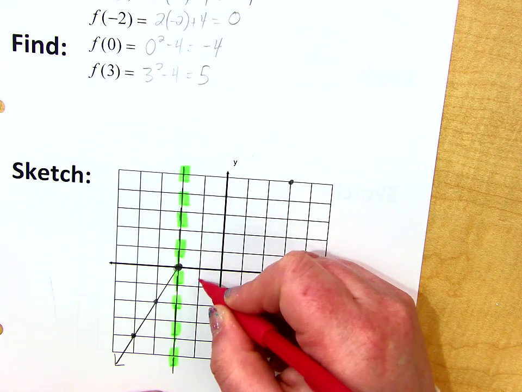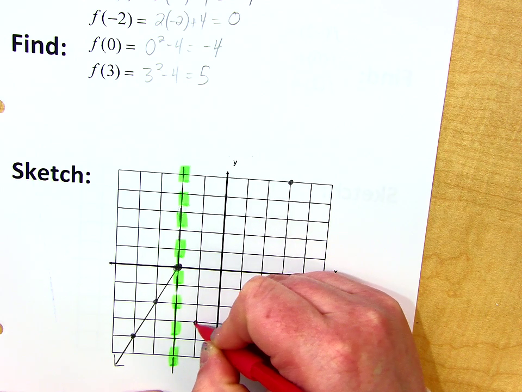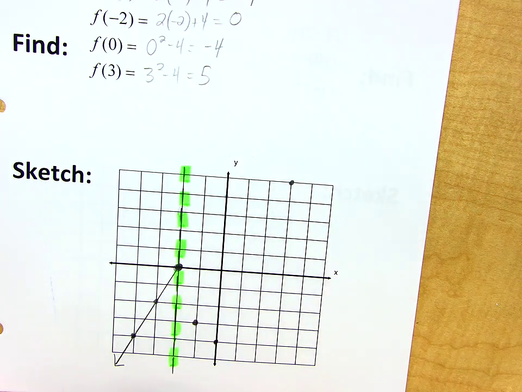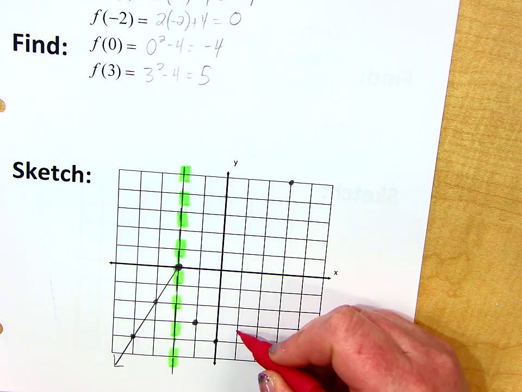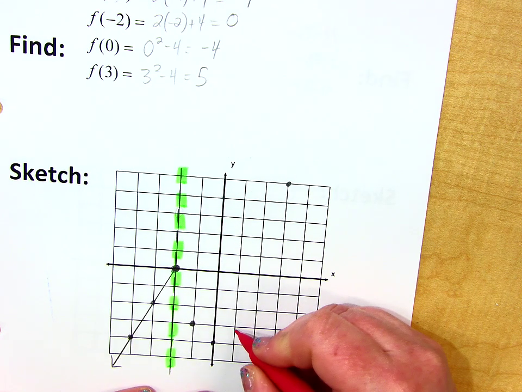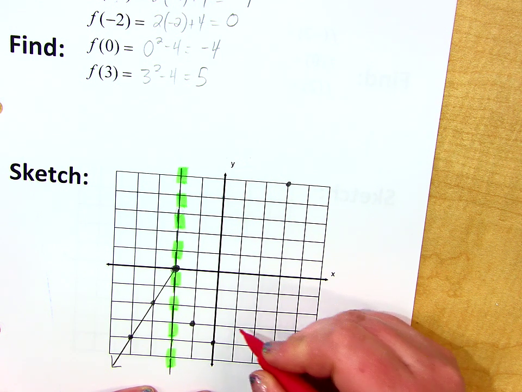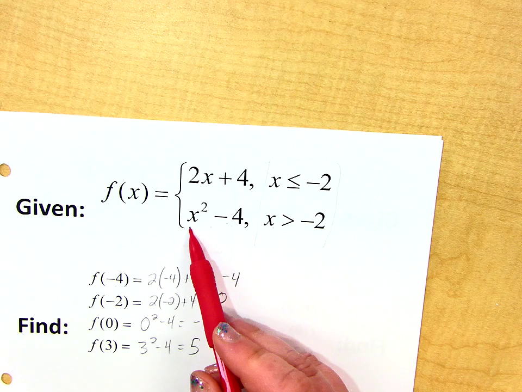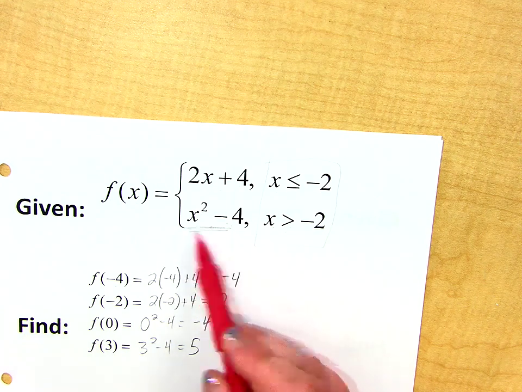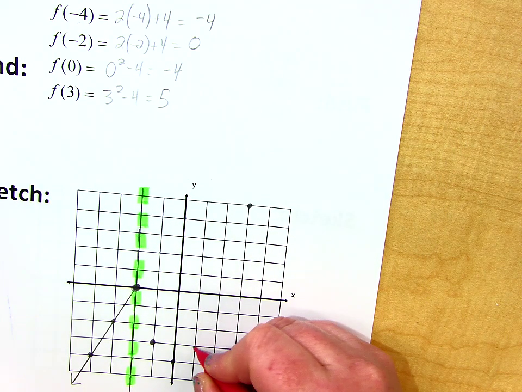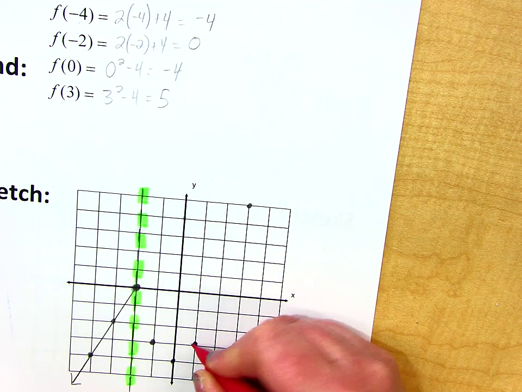-3. So -1, -3. Plug in 0, we already have it. Plug in +1, what comes out? If you plug in +1, right here, what comes out? -3. +1 comes out to -3.